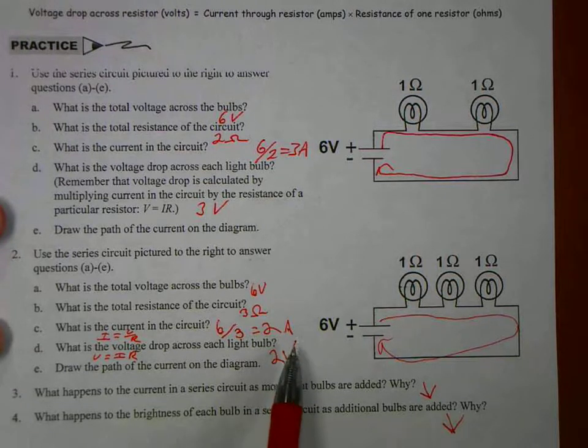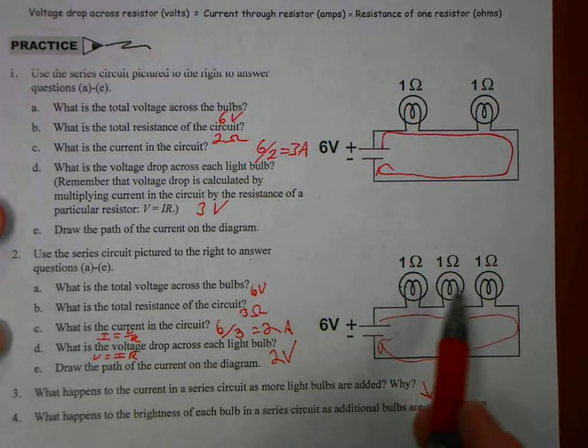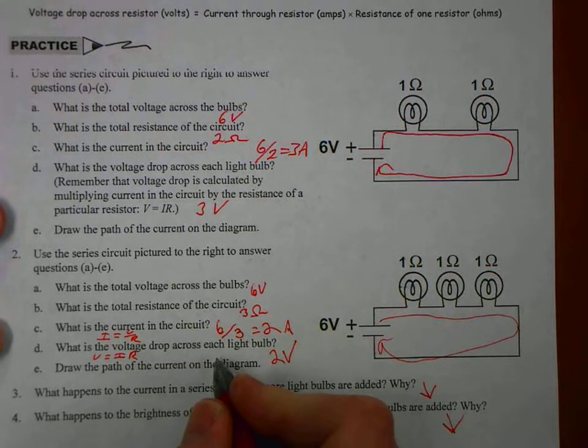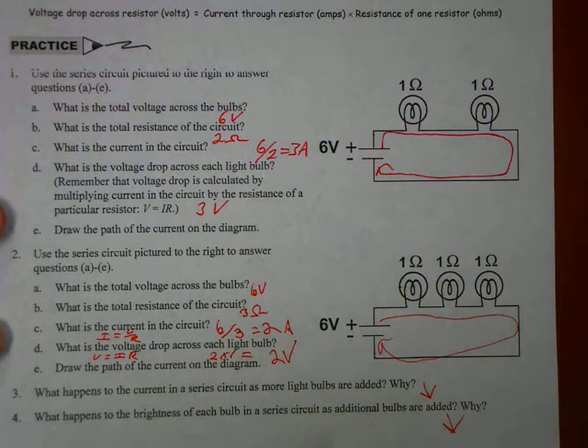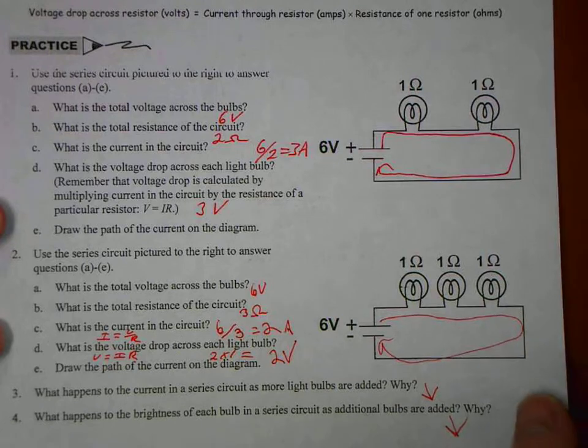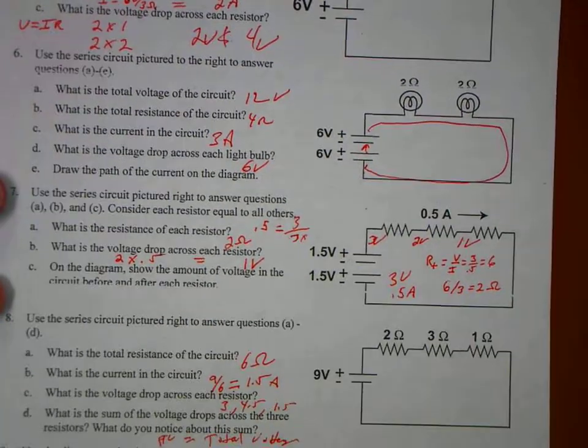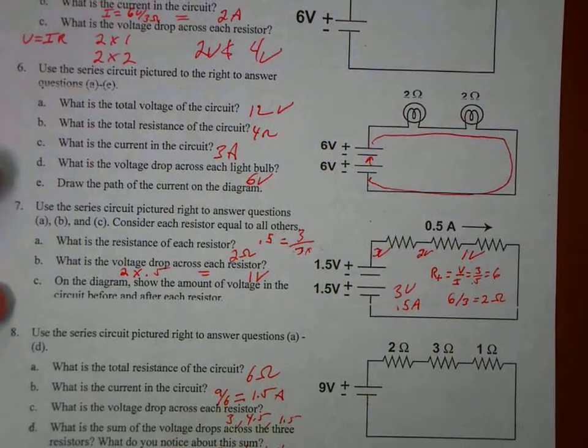So it's our 2 amps times our 1 ohm gives us 2. And the current always flows from positive to negative. Right. Go ahead and look at a few more difficult ones on the back side.